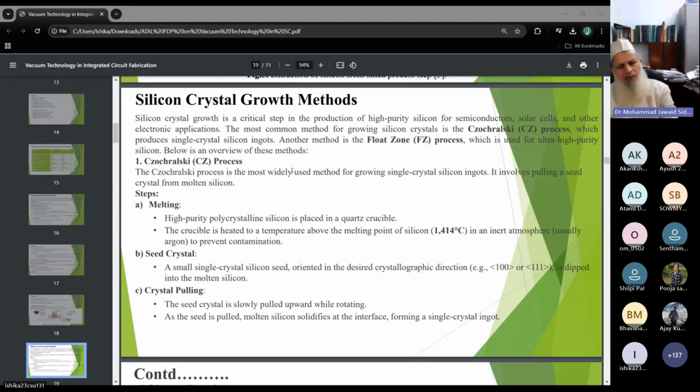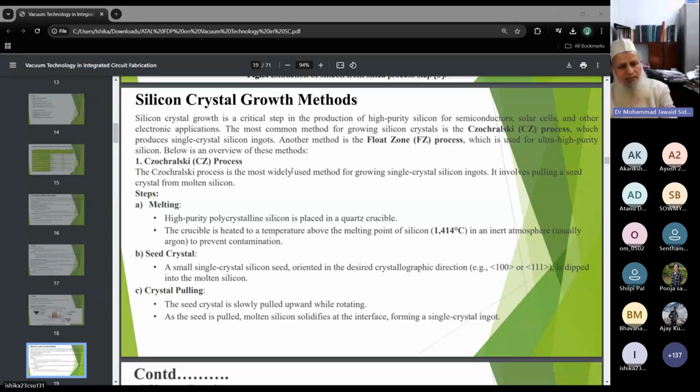Melting point of silicon is around 1400 degrees centigrade, in an inert atmosphere to prevent contamination. Contamination plays a very important role in semiconductor manufacturing. It affects the yield, so we should be very careful. Contamination should not reach the wafers or the processes which are used on the wafers.